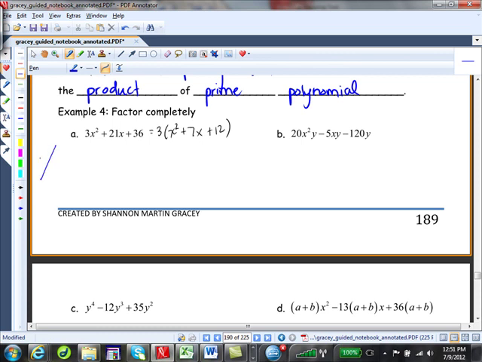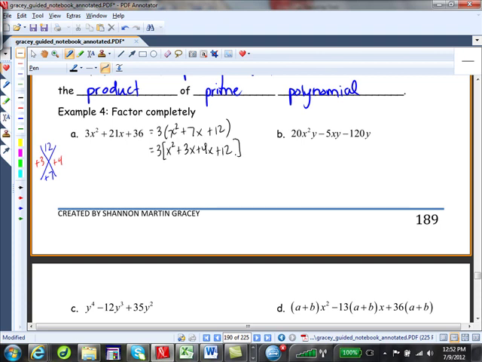And so now we do our x. We have an overall product of 12, and when we combine like terms, we have a positive 7. So the two numbers that fit the bill are positive 3 and positive 4. So then we say, okay, that's going to be 3 times x squared plus 3x plus 4x plus 12.